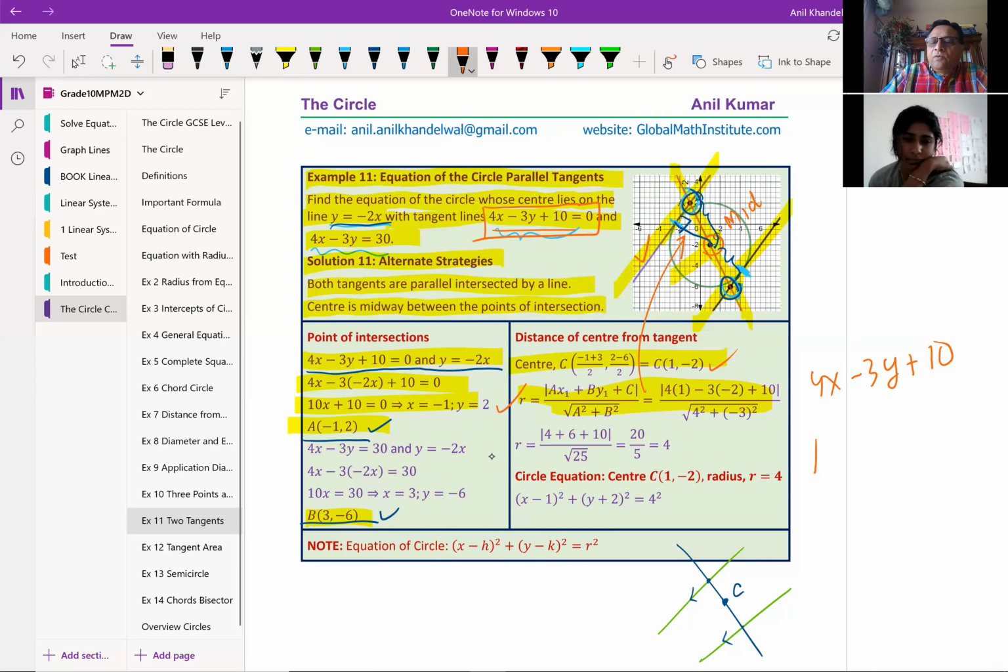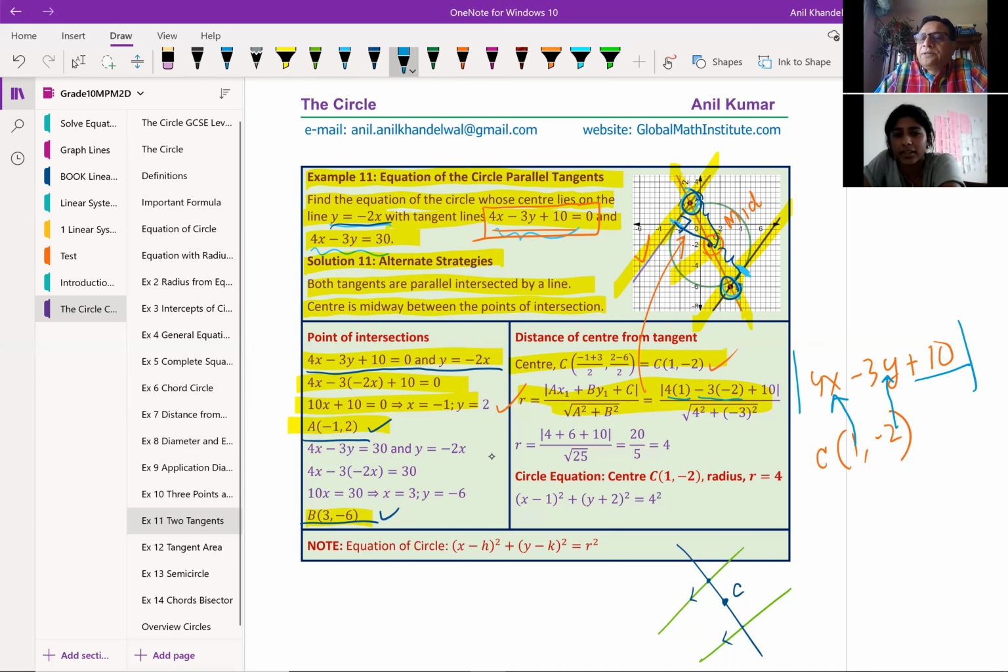The point, let me call this center C, is (1, minus 2). In the formula, you replace x with 1 and y with minus 2. So you get 4 times 1 minus 3 times minus 2 plus 10, in absolute value, as the numerator, and the square root of 4 square plus 3 square as the denominator.